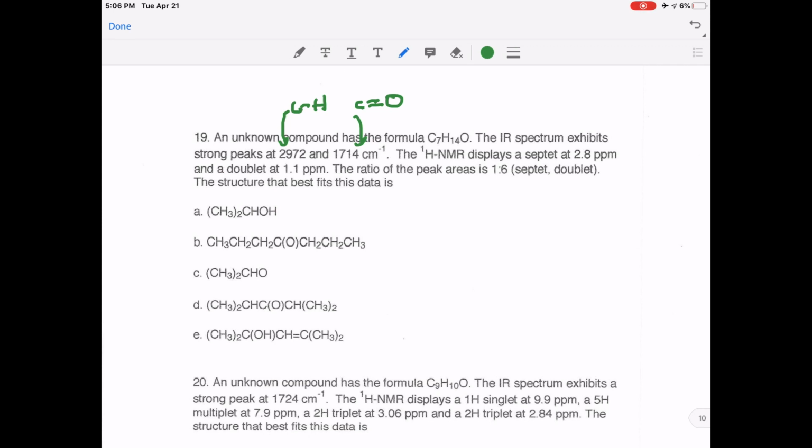And this is actually very helpful, because if we look at answer choices A, C, and E, all three of those choices have hydroxyl groups in them.